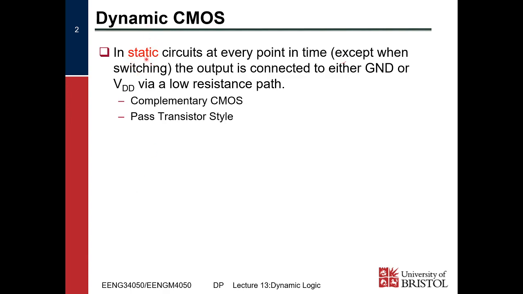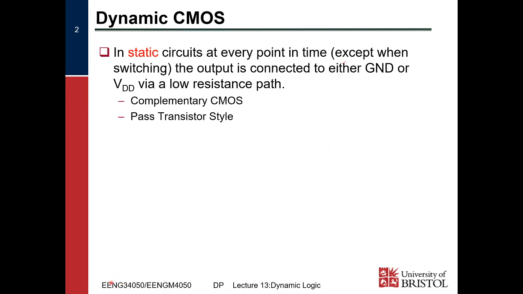When we were looking at our static circuits, at every point in time, except when we were in the middle of switching, the output was connected either to ground or VDD via a low resistance path. In our complementary CMOS, there was a single level of logic going from our output through the source and drains of transistors up to VDD or down to ground.